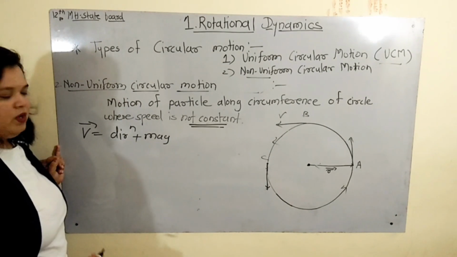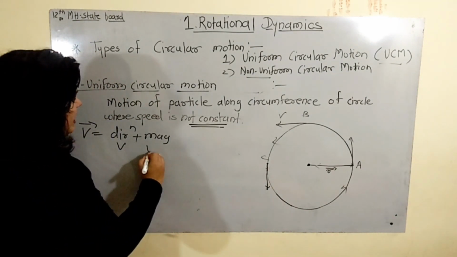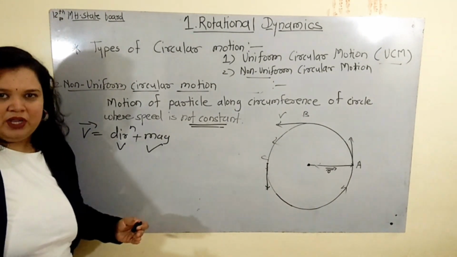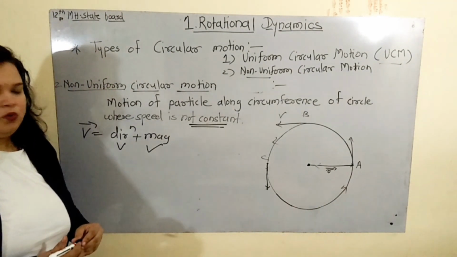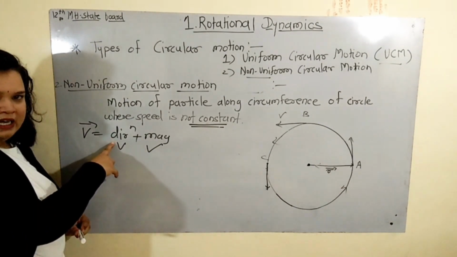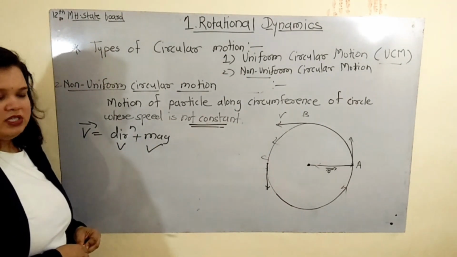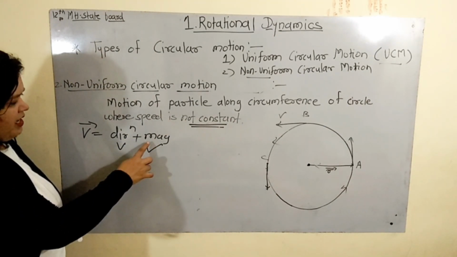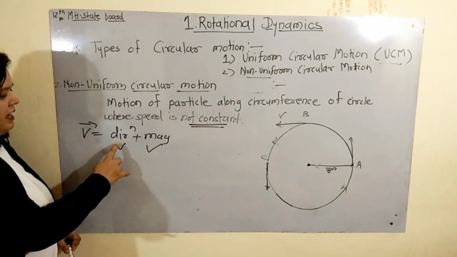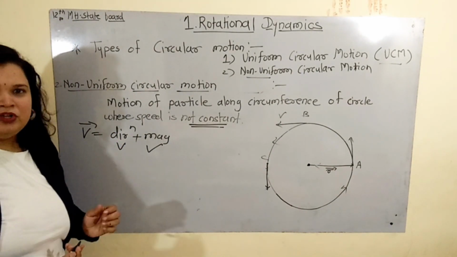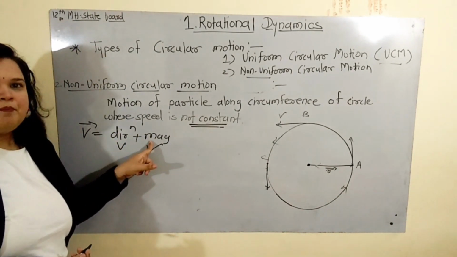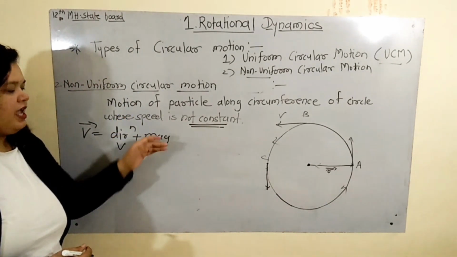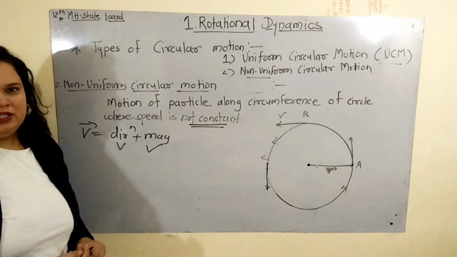In uniform circular motion, only direction changes but magnitude is constant. Here speed is not constant. Speed means magnitude of velocity. Here magnitude also changes and direction also changes.